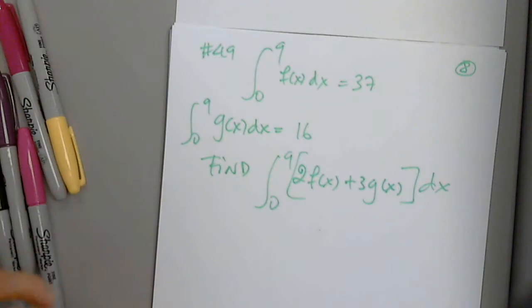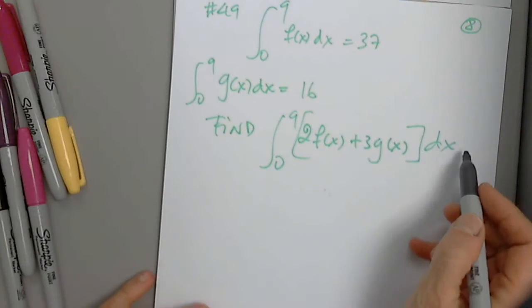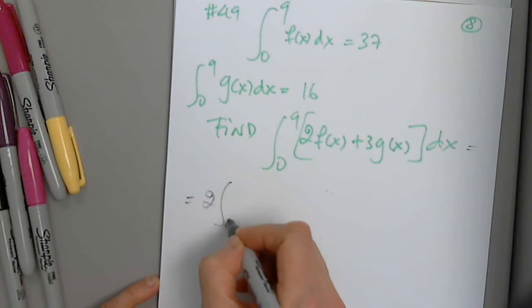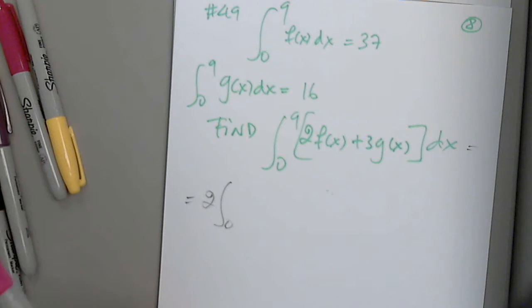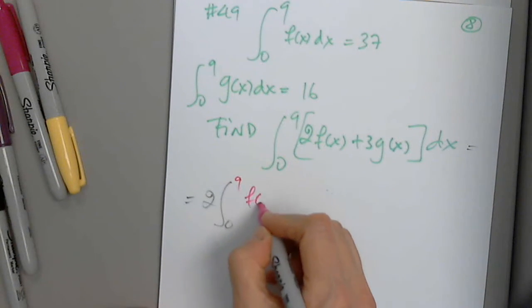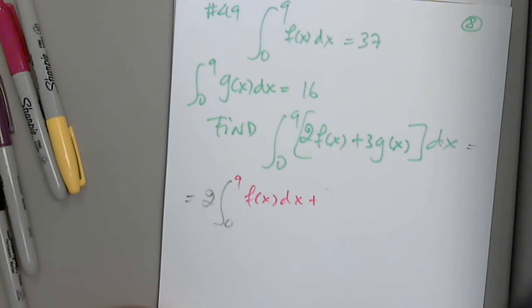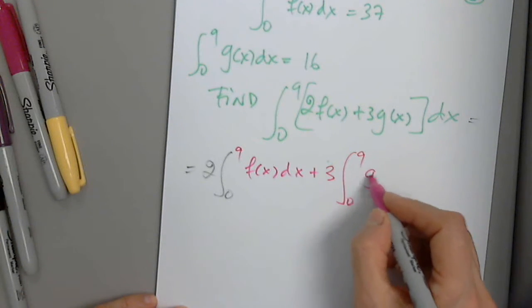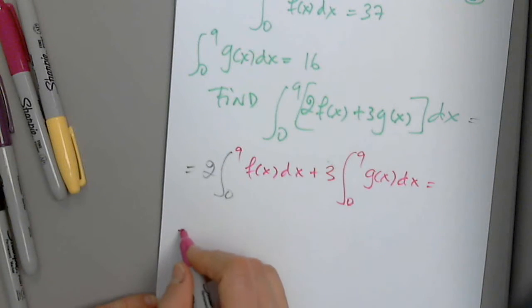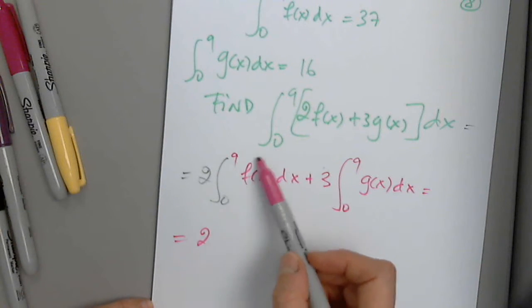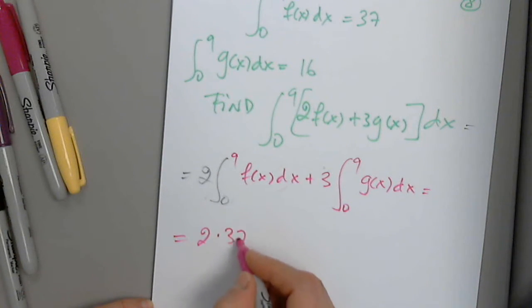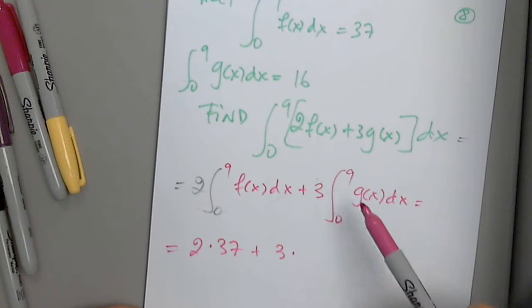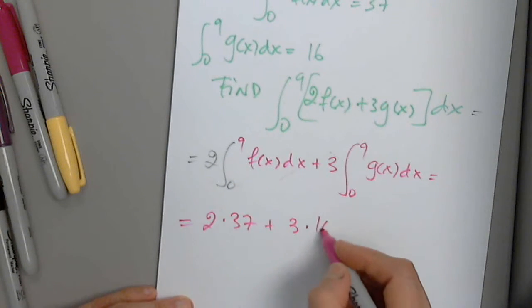Yes, Ricky? 2 times the integral from 0 to 9 of f of x dx plus 3 times the integral from 0 to 9 of g of x dx. Good. So I have this piece that was given to us as 37, plus 3 times this, which is given to us as 16.